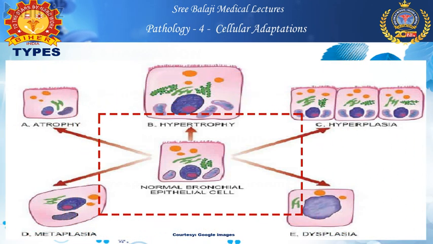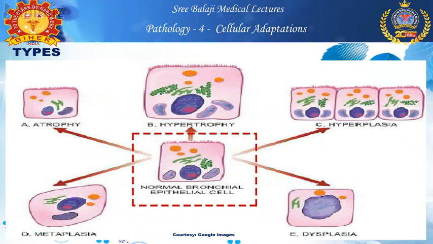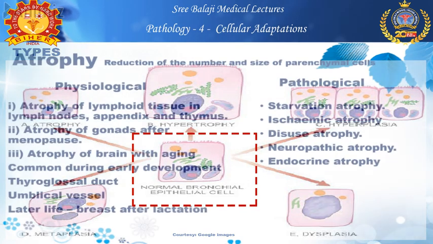Normal cell, the types are atrophy, hypertrophy, hyperplasia. The other two adaptations are metaplasia and dysplasia. There is no phenotypic change in the first three, but the other two have a major phenotypic change.